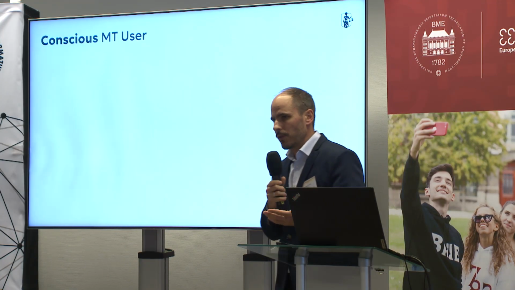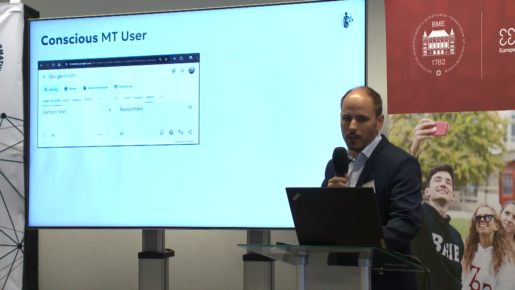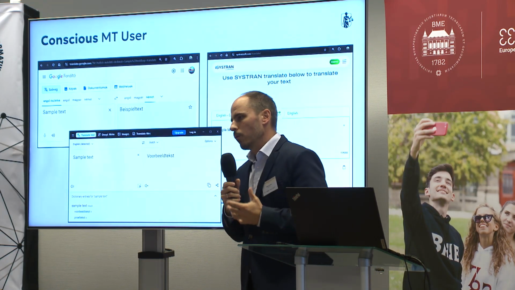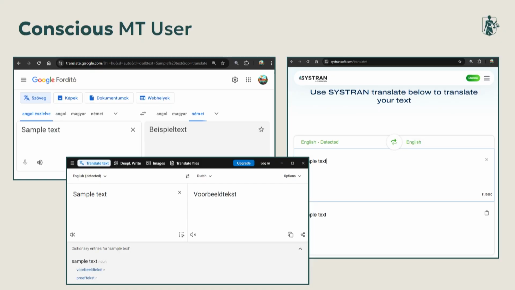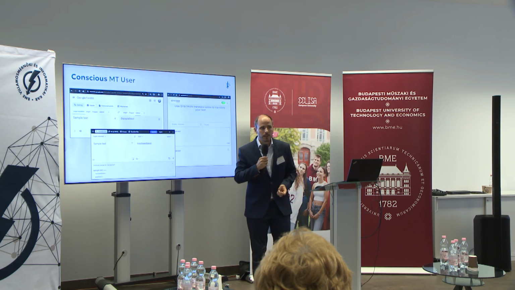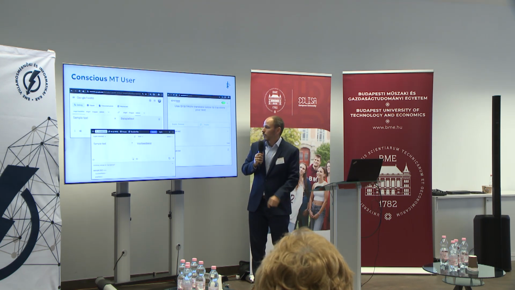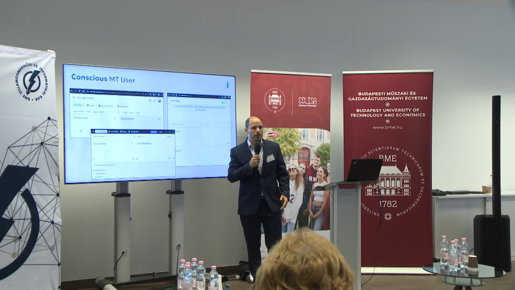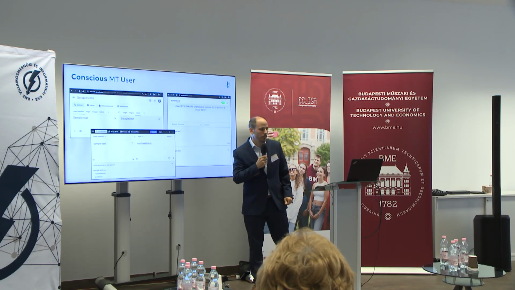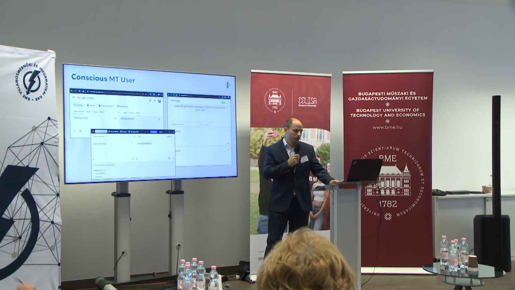A conscious MT user will want more control over the output of machine translation. They will be using some sort of browser-based interface, such as Google Translate, Systran, or DeepL, if you like. And they are similar to CAT tools, but they don't offer that abundance of features. But they will do the trick.